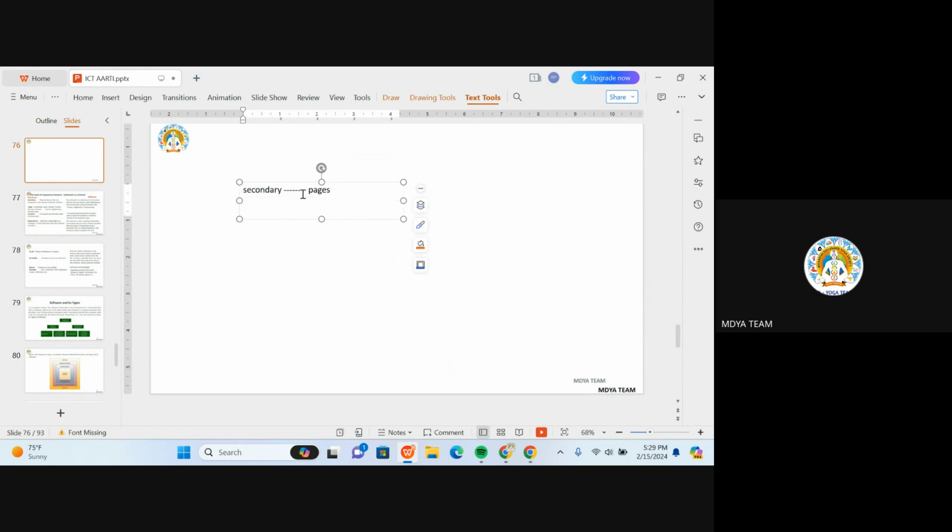In secondary devices, data is stored in the form of pages. In RAM, data is stored in the form of frames. And in cache, data is stored in the form of lines or blocks. You have to remember these words.